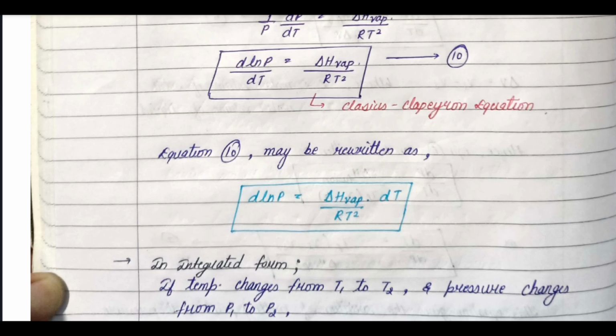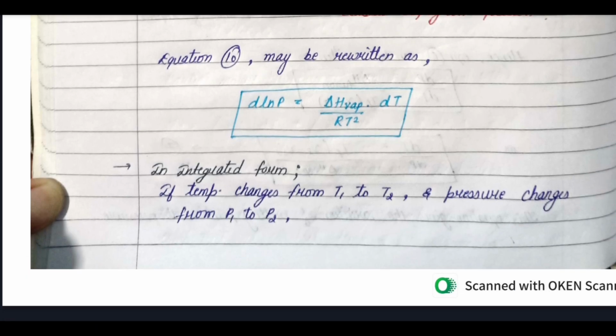d ln P by dT is equal to delta H vaporization by RT square, equation 10, that is the Clausius-Clapeyron equation. So equation 10 may be written as d ln P is equal to delta H vaporization by RT square into dT.